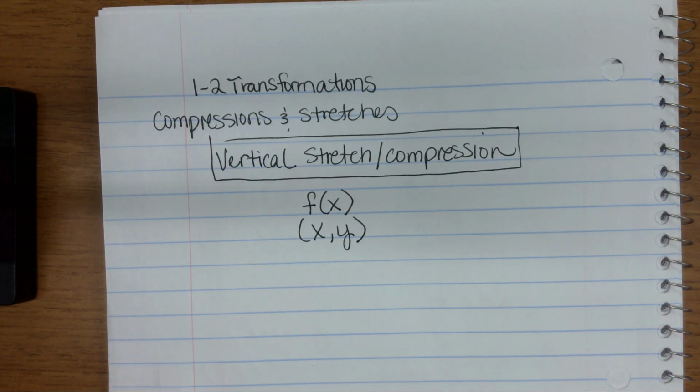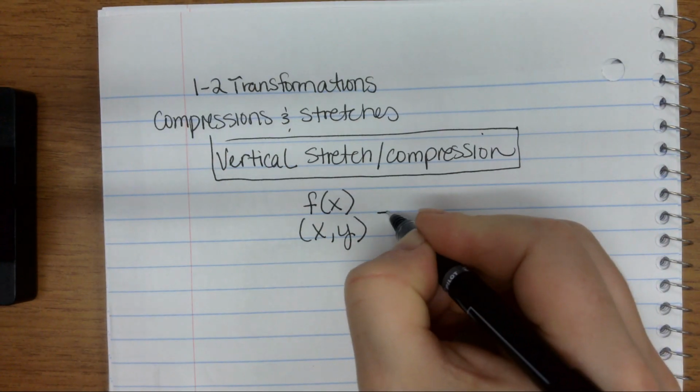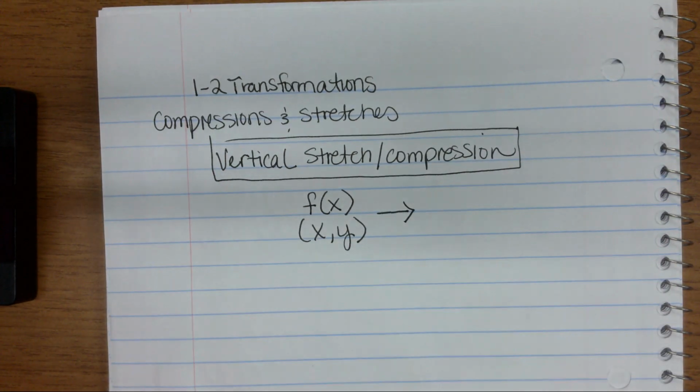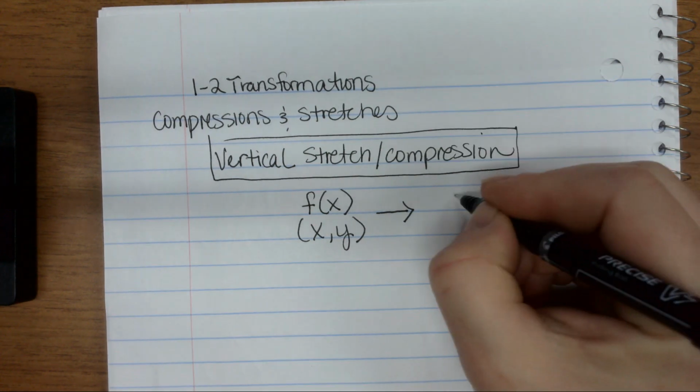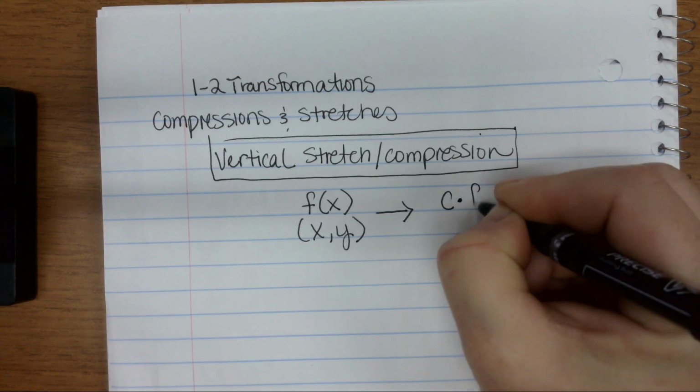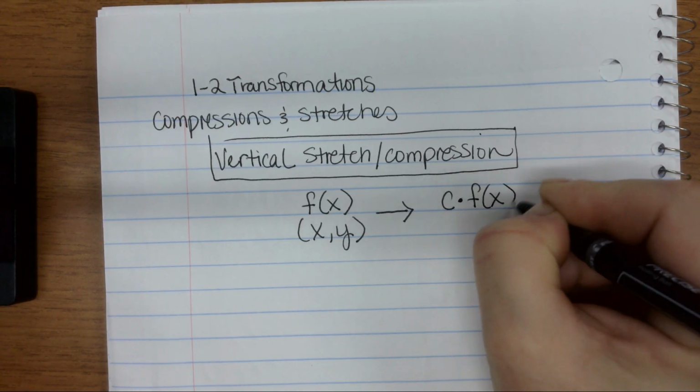And what we do to vertically stretch or compress something is we put a number in front, multiplied in front of the function. And so I'm going to call that c again, and c times f of x.